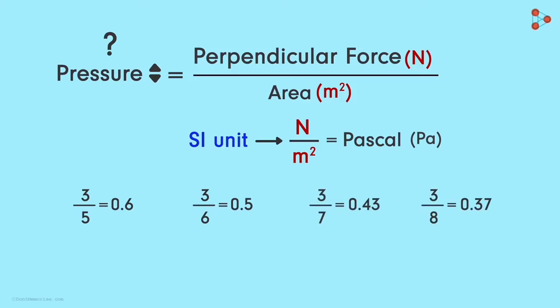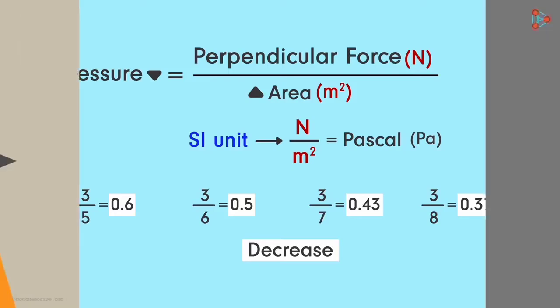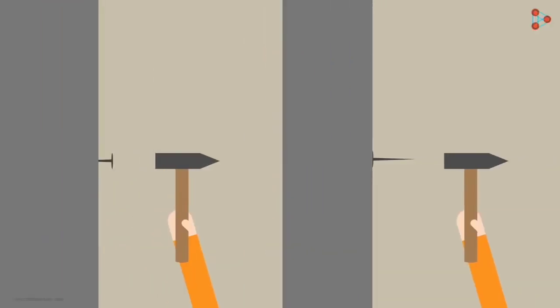The denominator is 5. In the second case, the denominator is higher than 5, and see the value. First it was 0.6, next 0.5. If the area is increasing, the value is decreasing, right? It means pressure will decrease. If area increases, pressure will decrease.